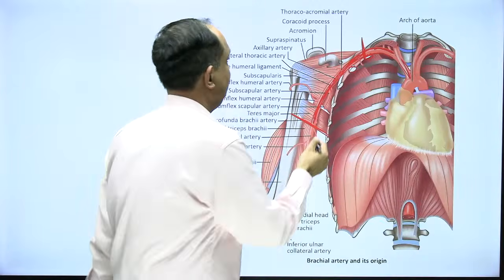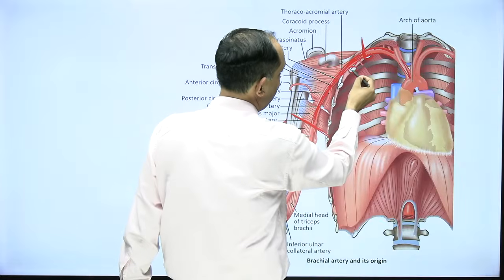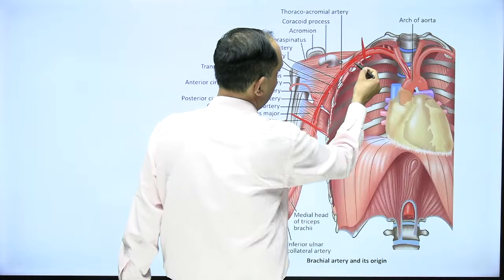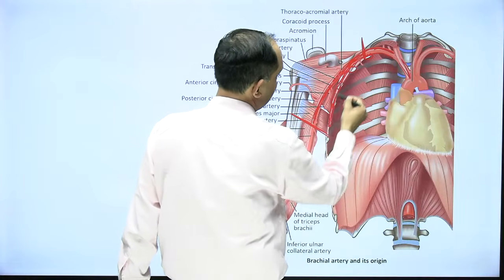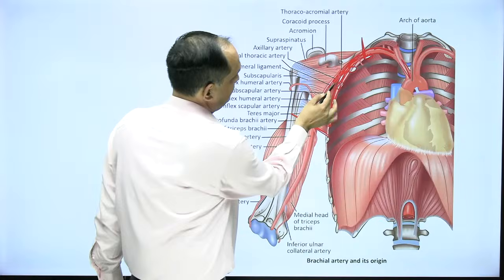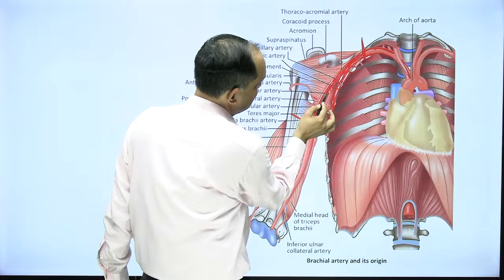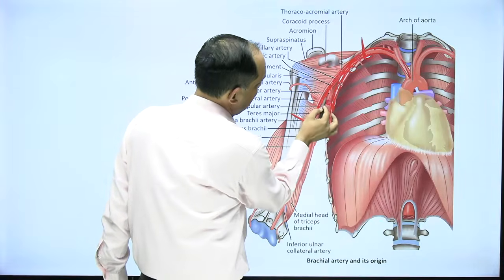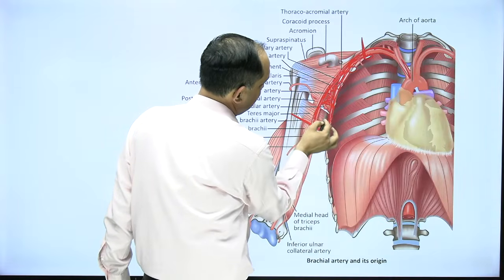Clear? What I mean to say is that if this artery remains along the chest wall, then it will not enter into the upper limb. So gradually what is happening, the distance is increasing. You can see the distance is increasing. There is an area, you can see this gap is generated.